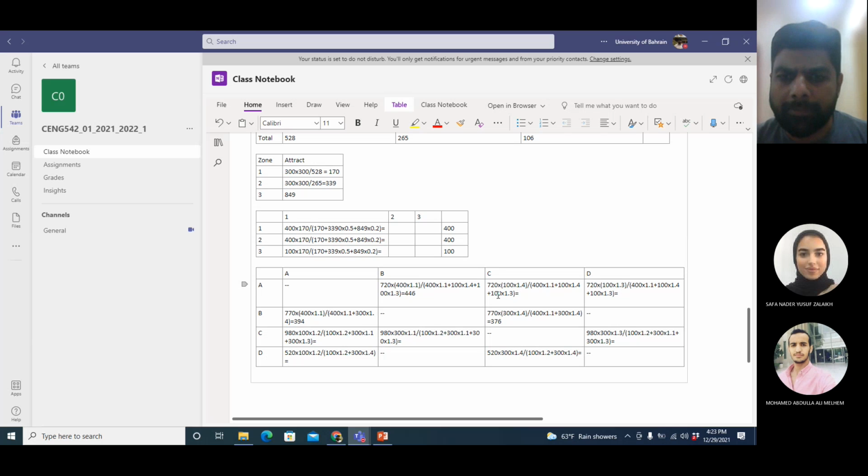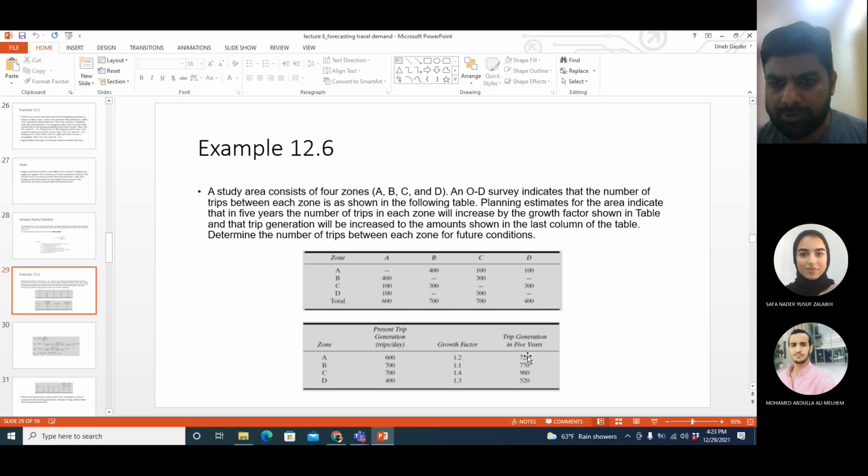Each time I took the future trips, and future trips are the current total trips multiplied by the growth rate. The first value in each cell is the value from here. How did we get this value? The present trip generation multiplied by the growth rate. So even if they did not give you this column, you can multiply these two and get the future trips.